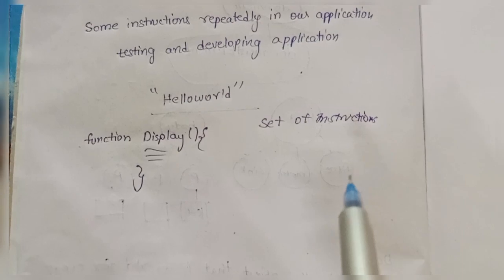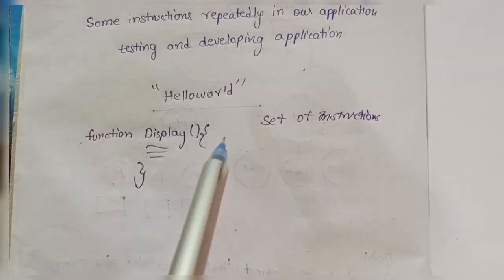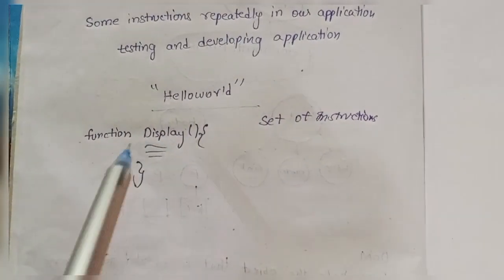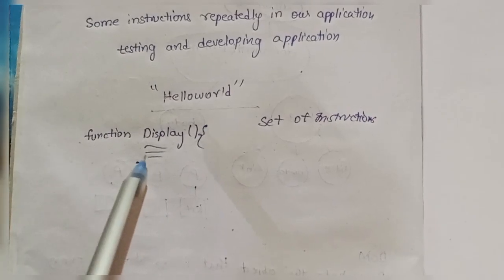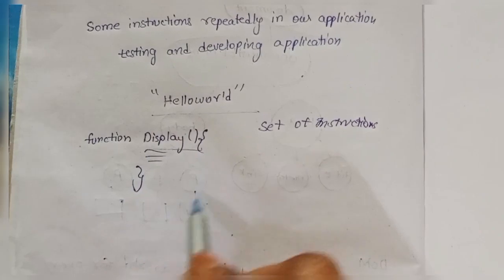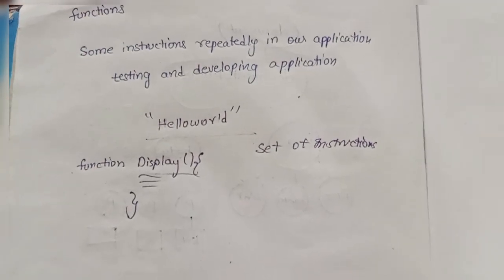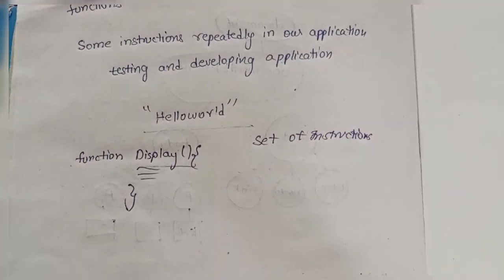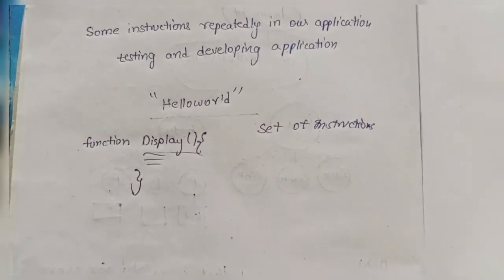So that is multiple instructions, a set of instructions. For suppose if we write a function display, and in that function we write some instructions, and if we want to print all of them, we just need to call this display function. Then it will call all the instructions. So these functions basically reduce the lines of code, which helps me in designing as well as in testing.